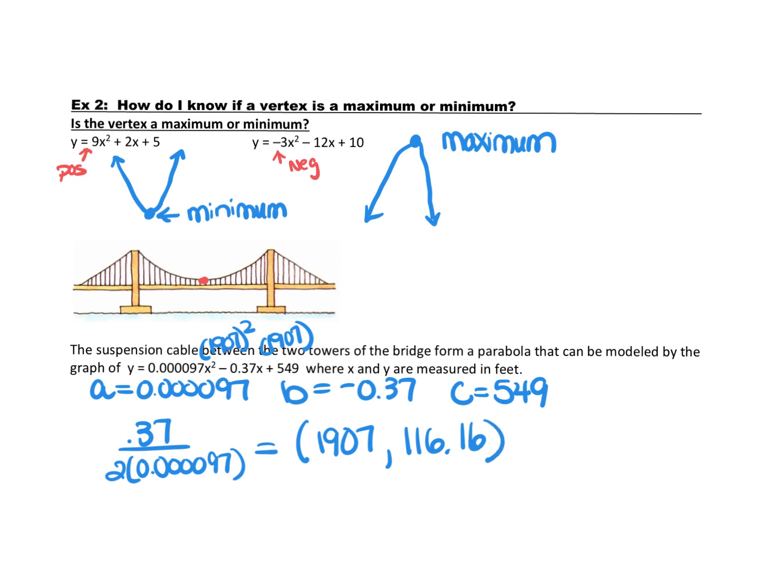Remember, at our x and our y value, our y value is going to be the height. So what is the height of the cable above the water at its lowest point? Well, that is 116.16 feet. So in this lesson, we took a look at how to graph quadratic functions.